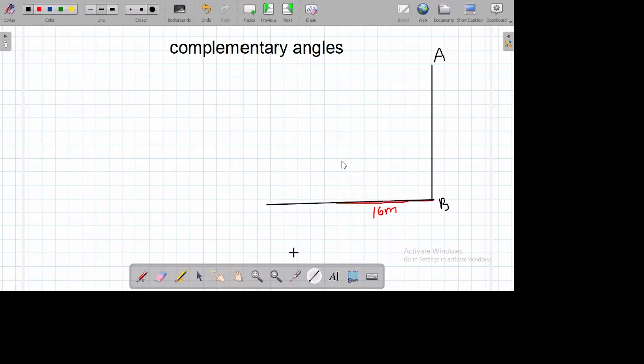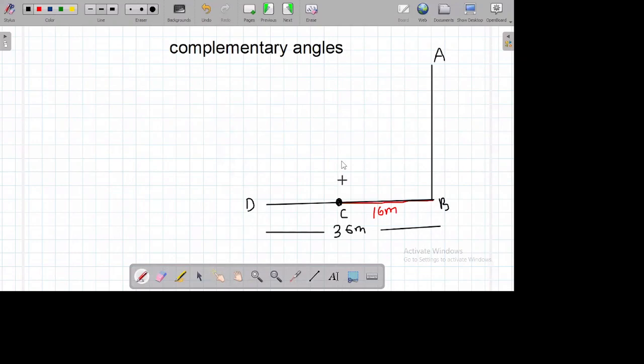This is 16 meter, please all of you, this is 16 meter, C. And D is 36 meter, let's say. I am sure everybody has understood what I have written.